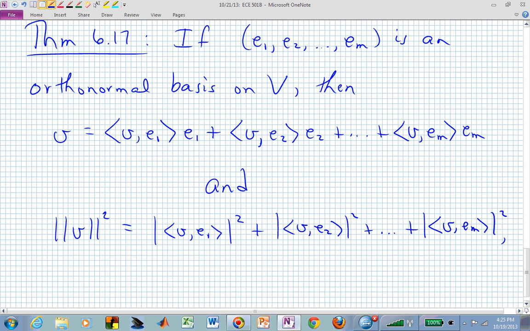Again, this is true for every vector v that lives in our vector space capital V.